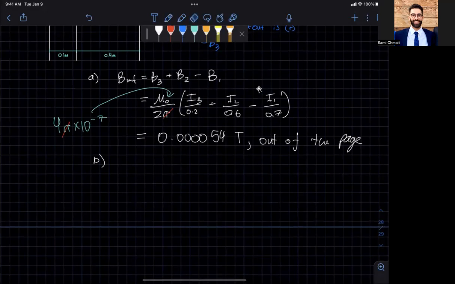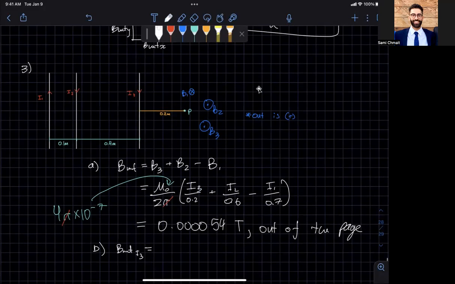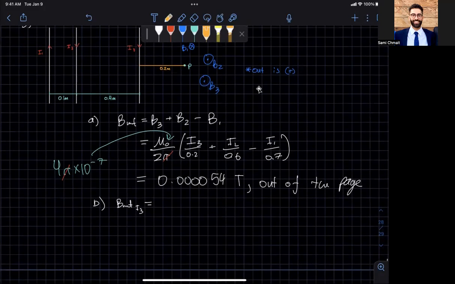Well, I guess you should solve for B net first. That makes more sense. So B net at position I3. So at I3, let's keep positive going out. We have I2, which is going out, and then I1, which is going in. So that's going to be a B2 minus B1 situation.